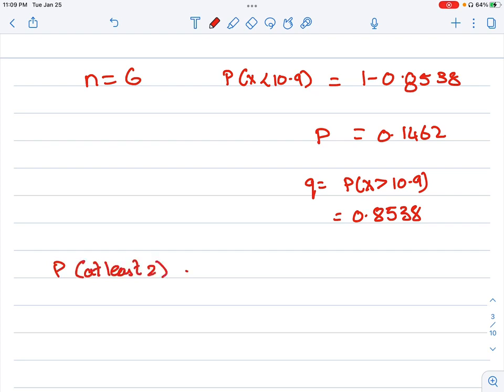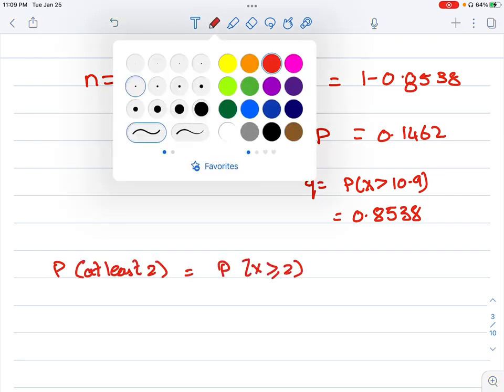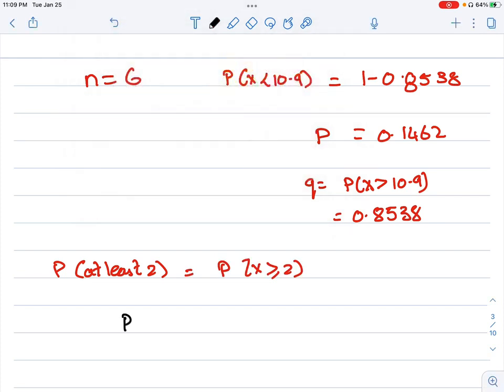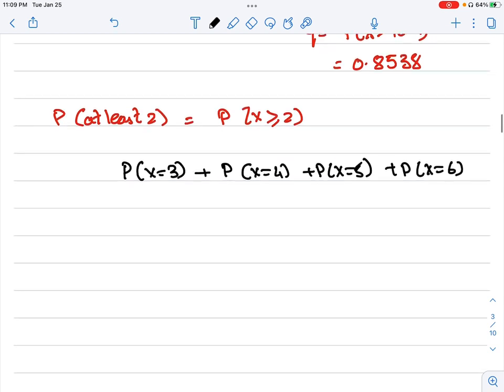At least 2 means probability of x greater than or equal to 2. When x is greater than or equal to 2 means it is x equal to 2 plus x equal to 3 plus x equal to 4 plus x equal to 5 and plus x equal to 6. This is very difficult to add out. So therefore what I do, 1 minus probability of x equal to 0 minus probability of x equal to 1.